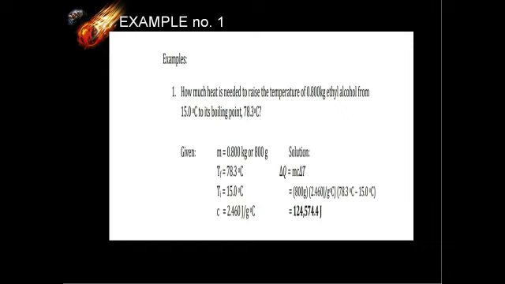For T sub I, or the initial temperature, it is equivalent to 15 degrees Celsius. C, or the specific heat capacity, is equal to 2.460 joules per gram degree Celsius. Substituting the given values in our formula, delta Q is equal to M C multiplied by delta T, the answer will be 124,574.4 joules.